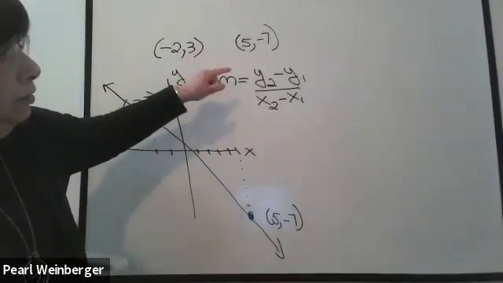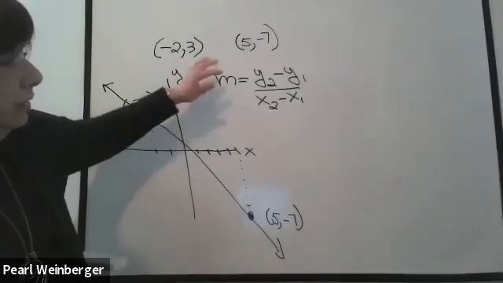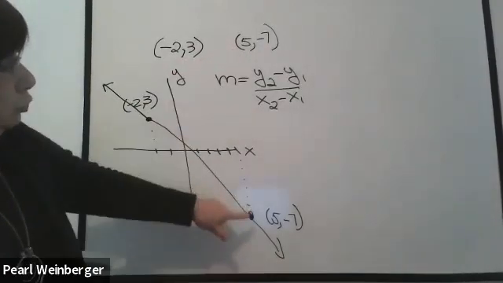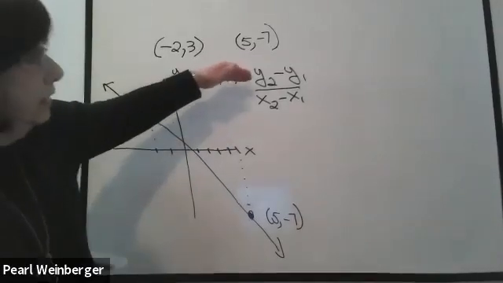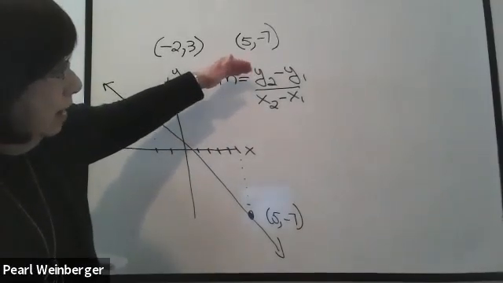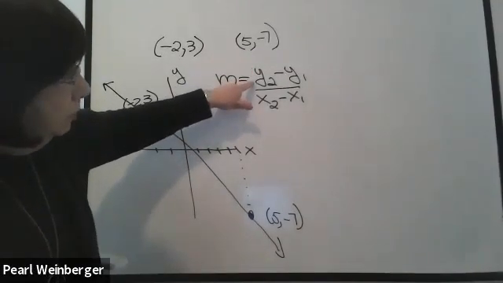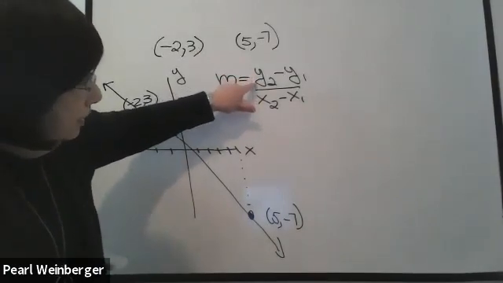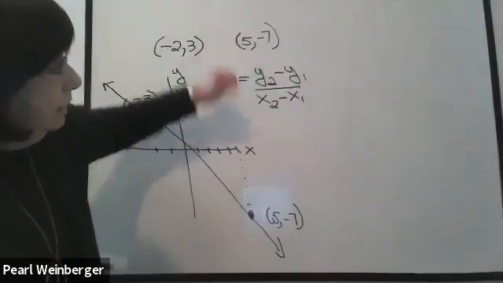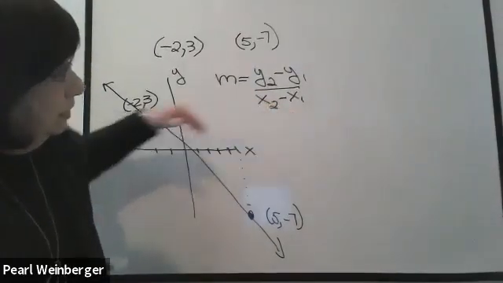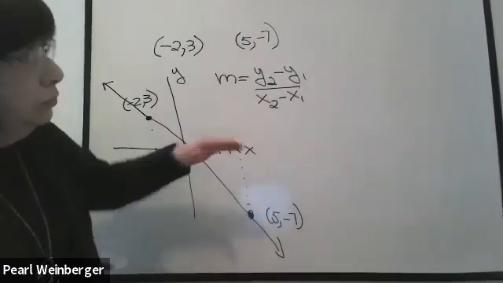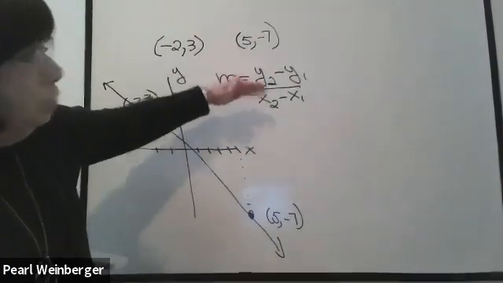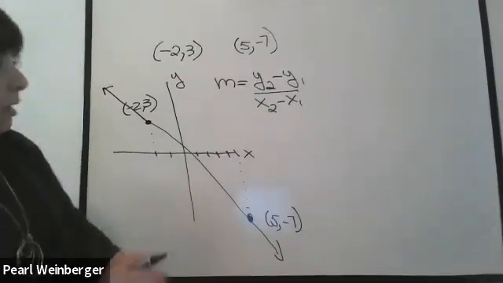It really is telling you what I said rise over run is, because y2 minus y1 is telling you how much you're going up from point 1 to point 2, so it's the rise. And the x2 minus x1 is telling you how much you're going across, so it's the run. So it's really giving you rise over run.